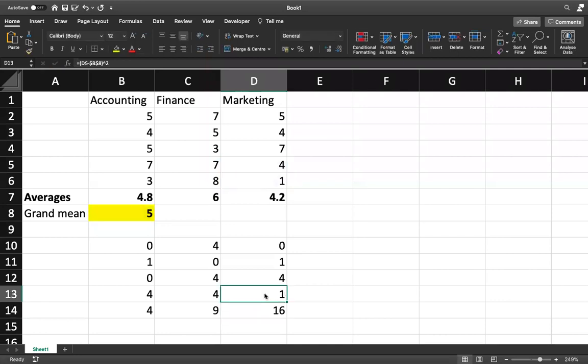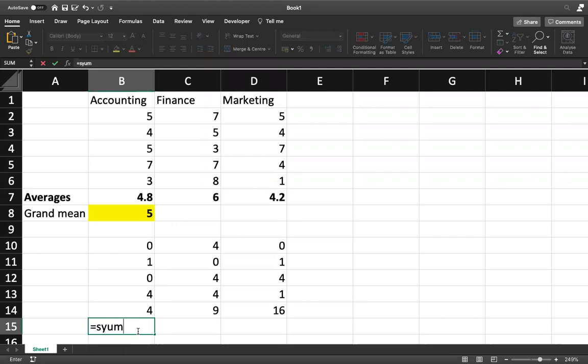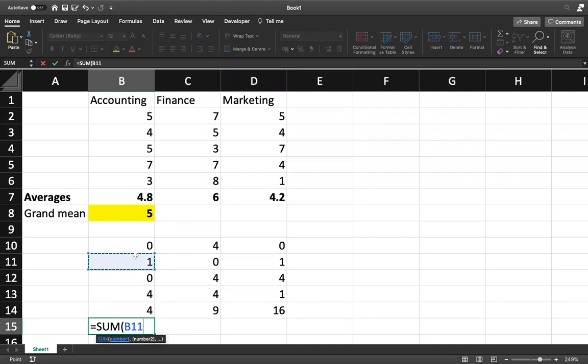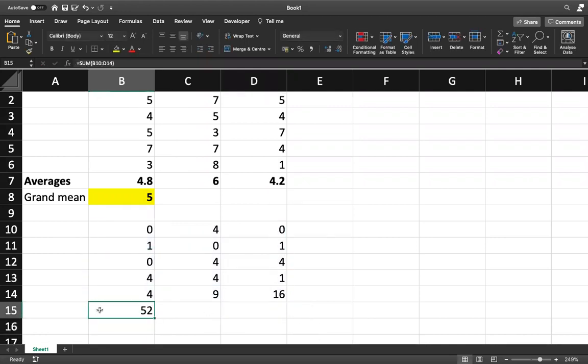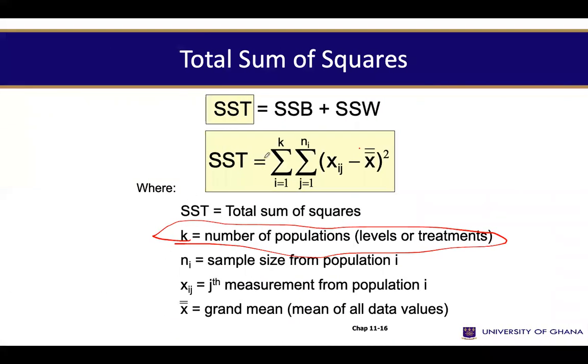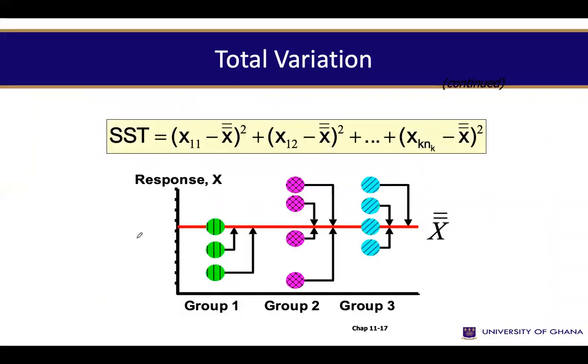And of course, it is squared. If I put them all together, then I get the total sum of squares. So that is how we calculate and illustrate the total sum of squares.